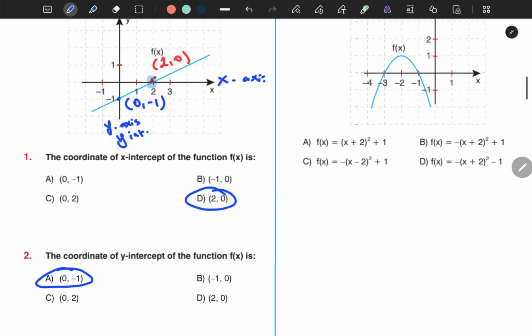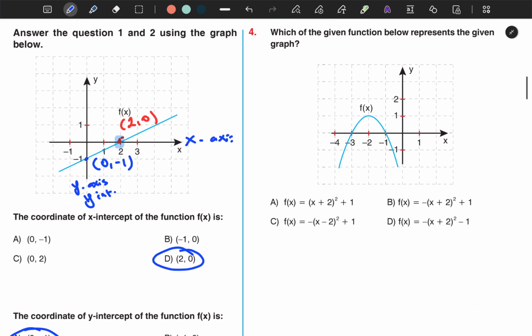Okay, next question, it is one of the quadratic graph. Which of the given functions below represents the graph? First of all, guys, remember that if my graph is upward, the sign of the coefficient is positive. If it's downward, it is negative. First of all, I have to check. Look at here, it is downward, isn't it? The sign in front must be negative.